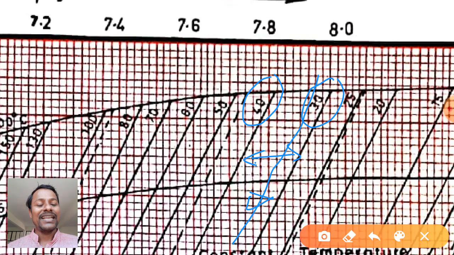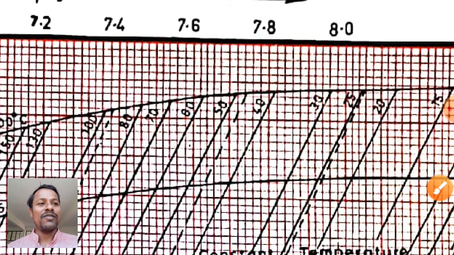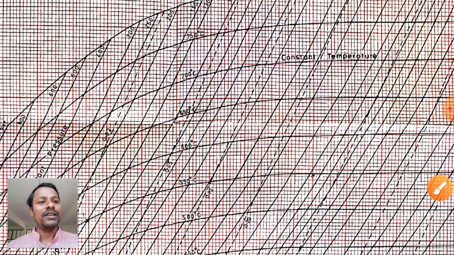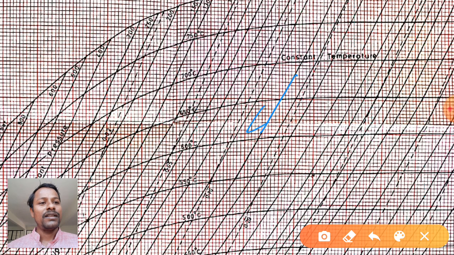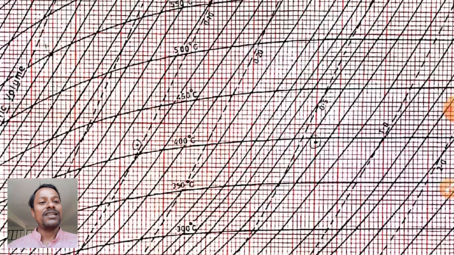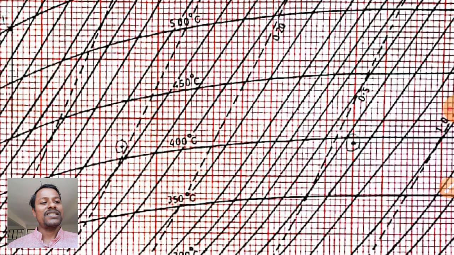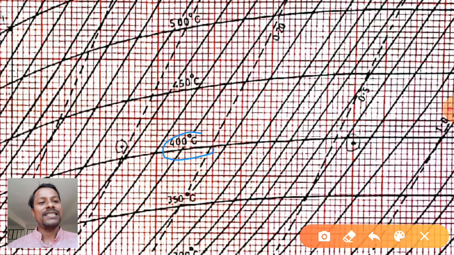I move downward till it cuts the superheat temperature of 410 degrees Celsius. So along this line, now I am moving downward. I have a constant temperature line that is 400 degrees Celsius.